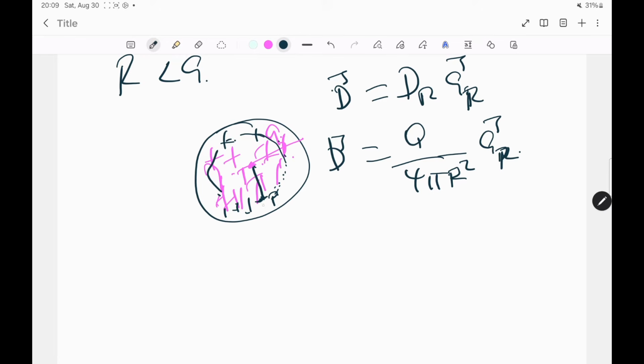Now when it comes to the charge that we have now, you can see that charge is equal to the volume charge density times what? The volume, right?